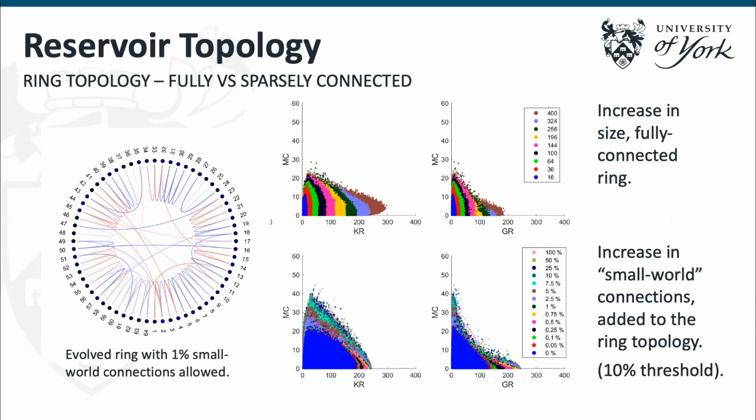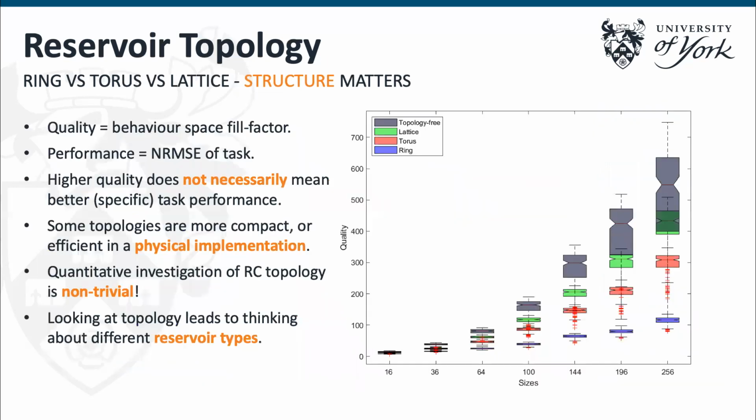That was good news for us, because you don't need a fully connected network to have a good computer. And I guess this is confirmed with traditional neural network research as well. But it is nice because if you ultimately want to make one, the fewer wires you have to put in, the better.